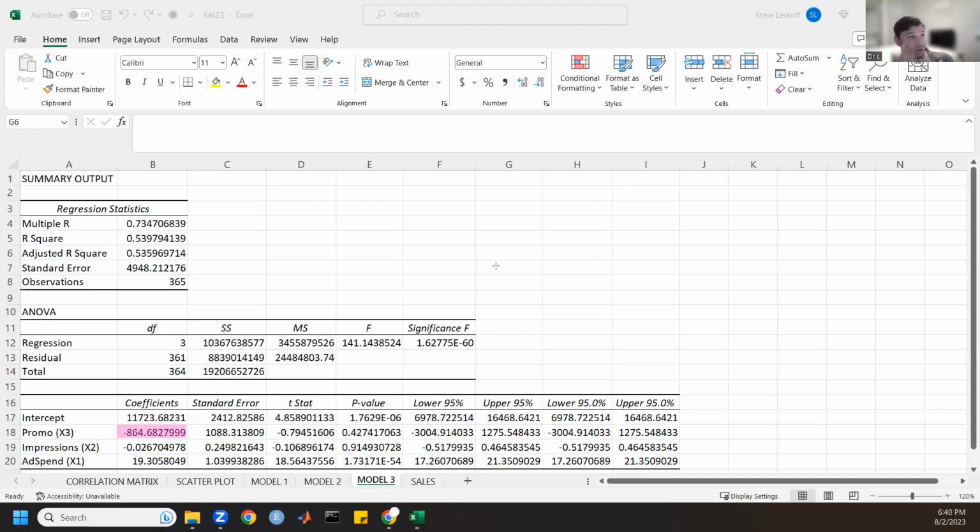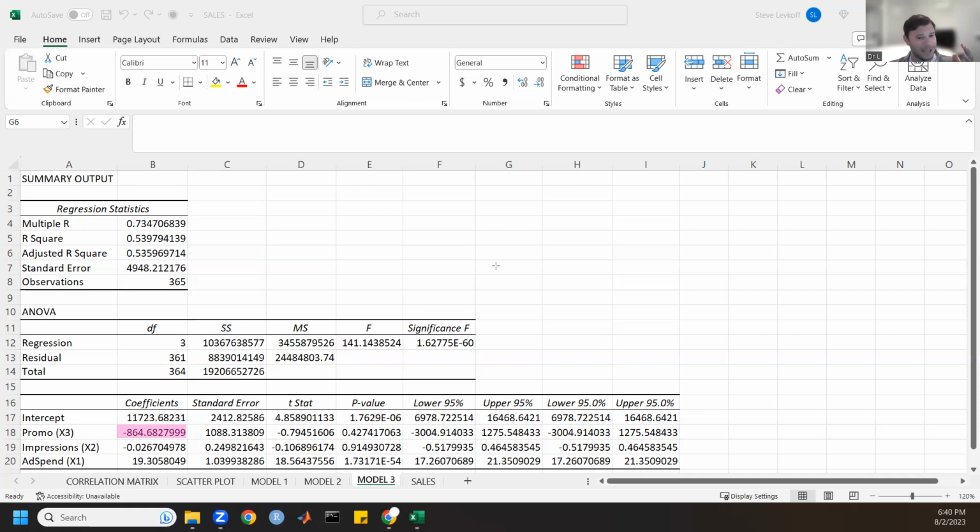It can only be 0 or 1. So that means if we go from 0, no promotion, to 1, running a promotion, sales actually goes down by roughly 865 units. Meaning the model here is predicting that in the presence of ad spending and impressions, controlling for those other two variables, it looks like the promotion is actually hurting sales.